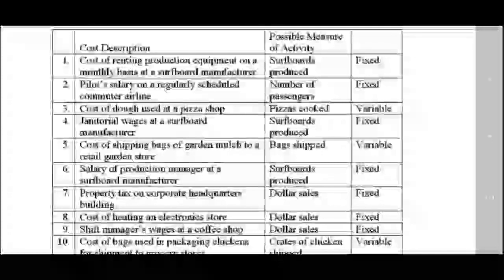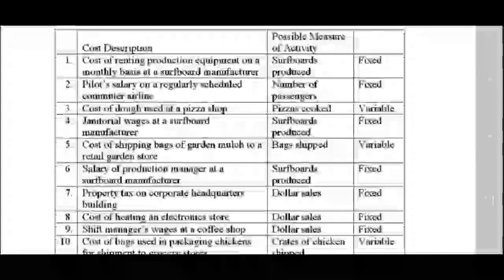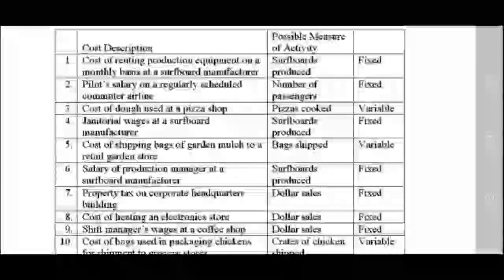For example, let's see. Number 1, cost of renting production equipment. Is it a direct material cost, direct labor cost, or manufacturing overhead cost? Item number 1 is an overhead cost. It is not a direct material cost. It is not a direct labor cost. So it is an overhead cost.